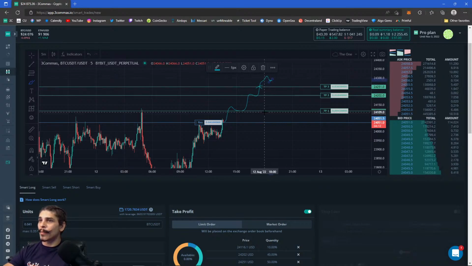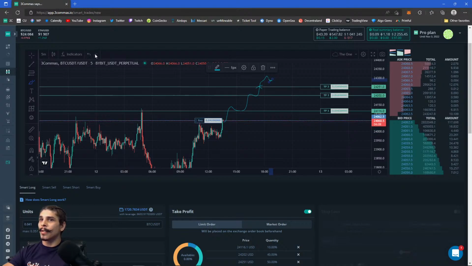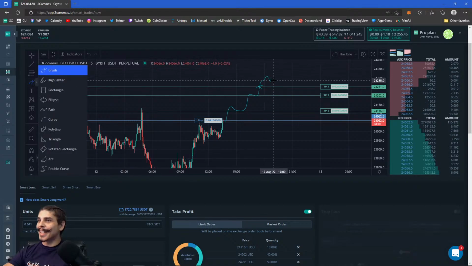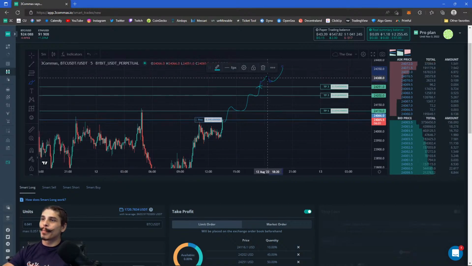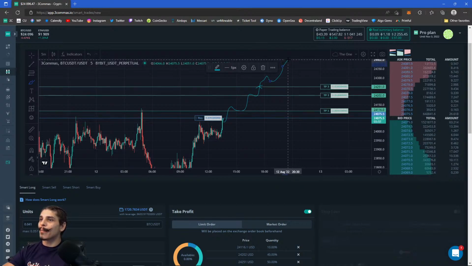And that was higher than this was. But let's just say it doesn't do that right there and it keeps going up. This pullback wasn't greater than 0.2%, so it's going to keep riding.